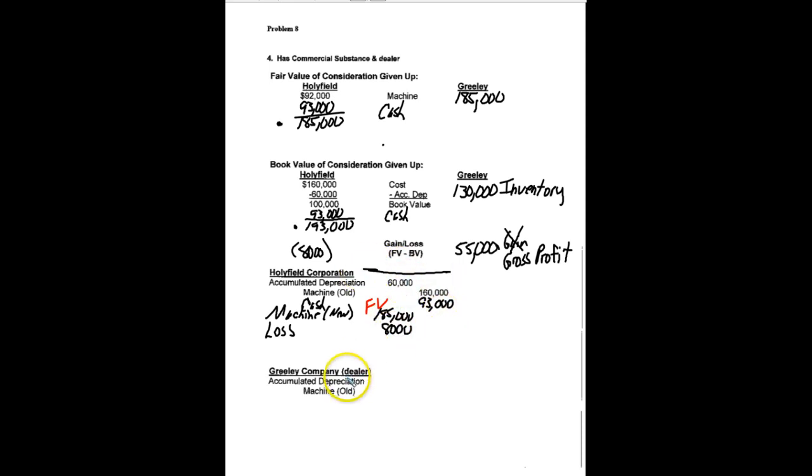Now let's look at the dealer. Well, actually, for the dealer, we really don't have this. It's actually inventory given up. So we're going to have cost of goods sold, our expense account, for the cost of the inventory, $130,000.